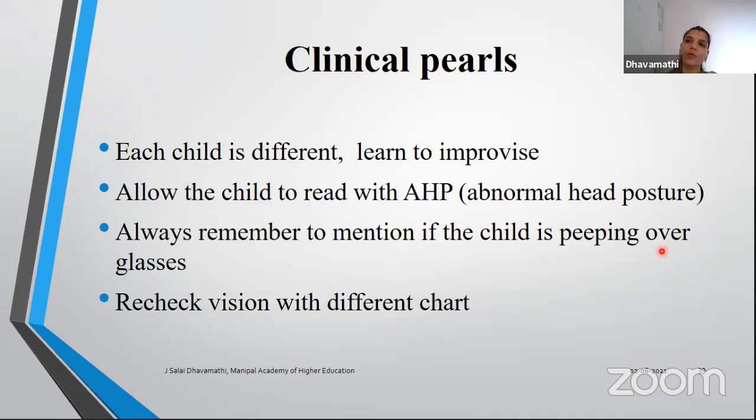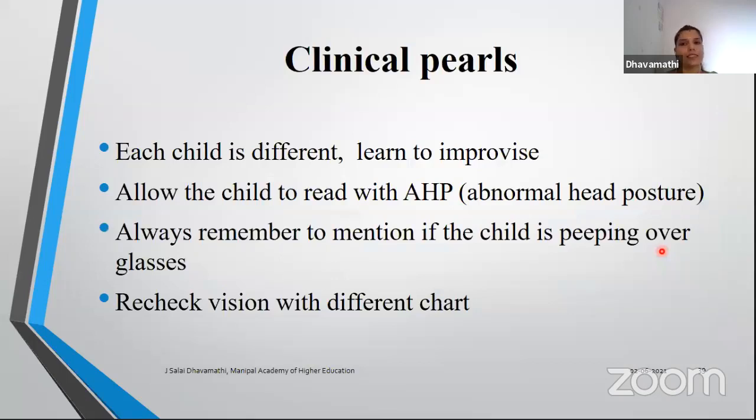If the child is reading with an abnormal head posture, don't always tell them to keep the head straight or not to go close. You have to allow the child to read with the abnormal head posture, find at what posture the child is comfortable, and then do the examination.